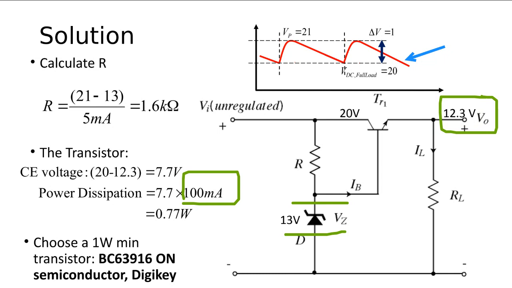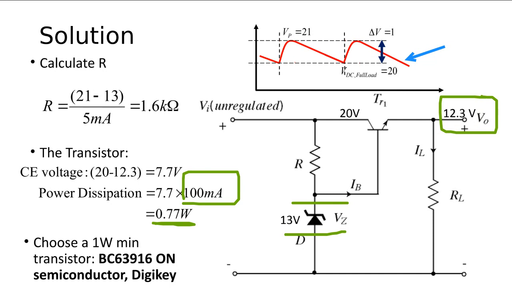If the voltage across the transistor is 7.7 volts, the difference, and the current through the transistor is 100 milliamps, the transistor is going to be asked to dissipate 0.77 watts, about 3/4 watts. So again, the safety margin is not that much.